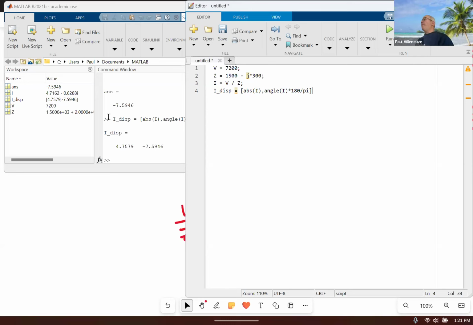And so now that I have the script file, that's great because I don't have to do that anymore. I can just keep reusing that script file. So this is the advantage of MATLAB. Whenever you use your calculator, you have to type it in brand new every time. Well, in MATLAB, once I save this script file, I can use it time after time. So I'm going to go ahead and save this.